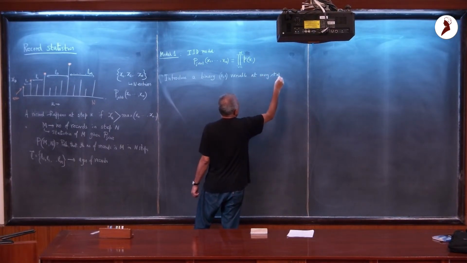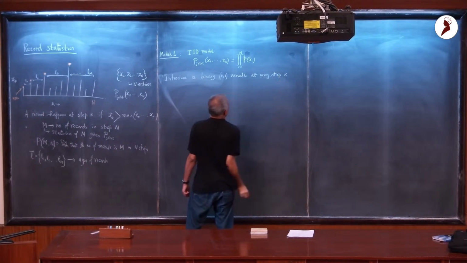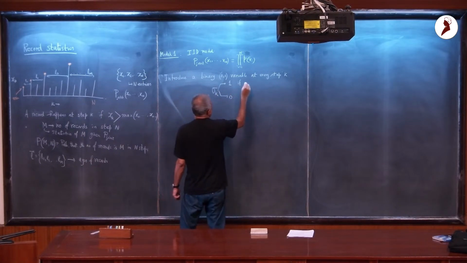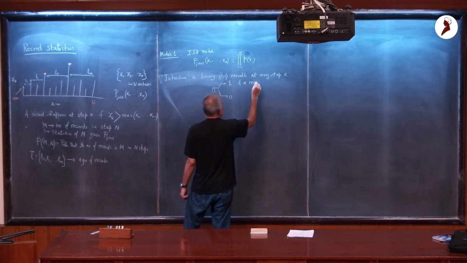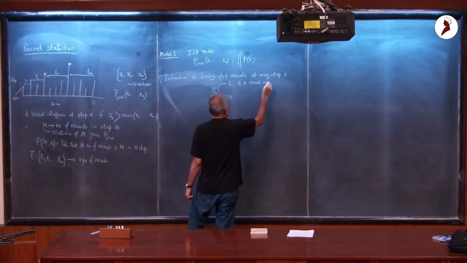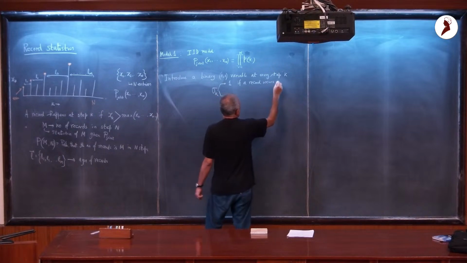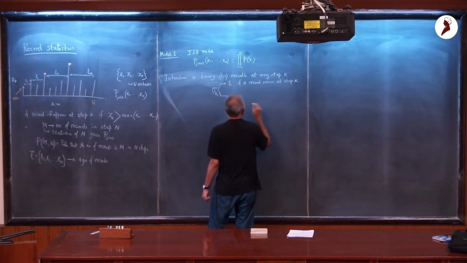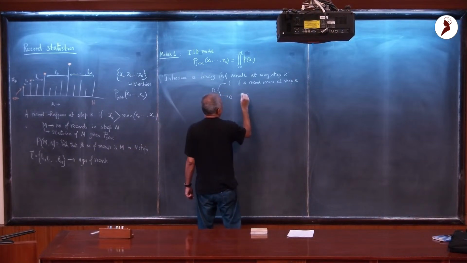You'll see in a minute why I'm doing this. So I define a binary variable sigma k at the kth site, the kth entry, which takes value either 1 or 0. So 1 if a record occurs at step k, and 0 otherwise.